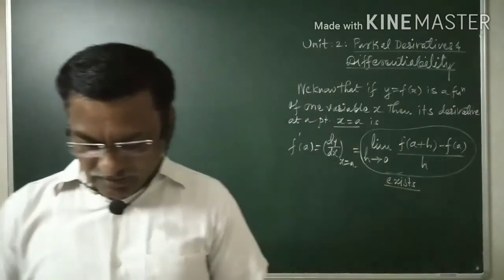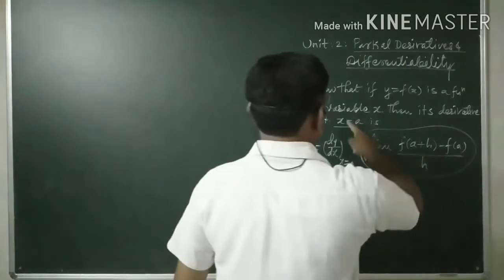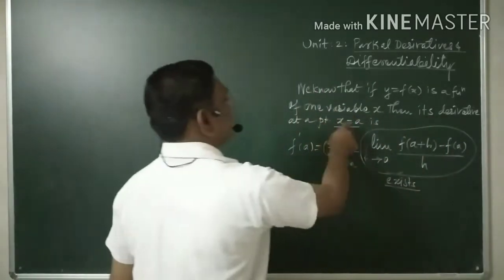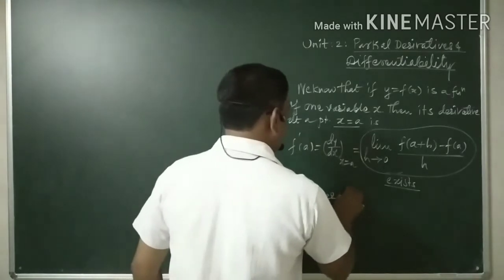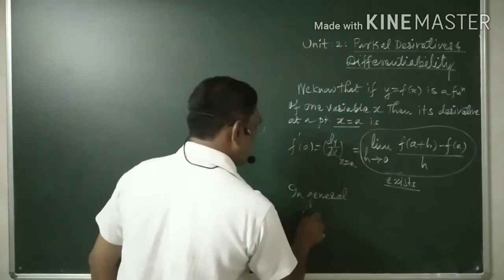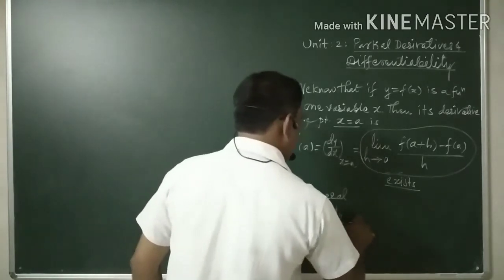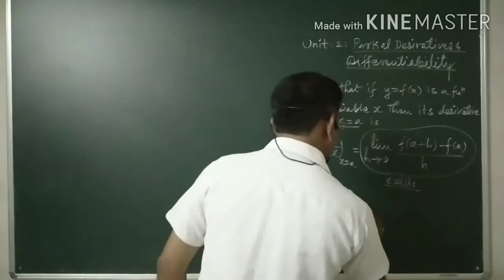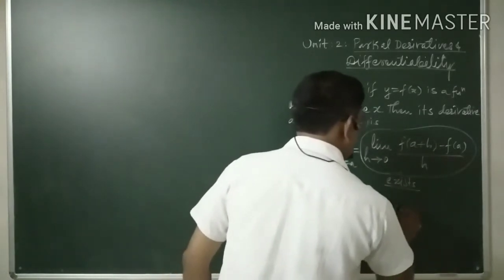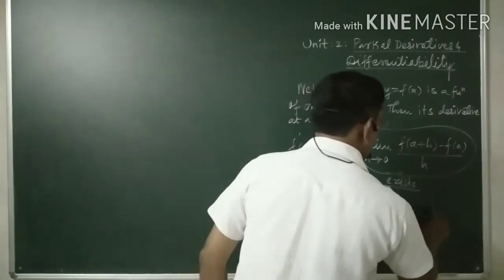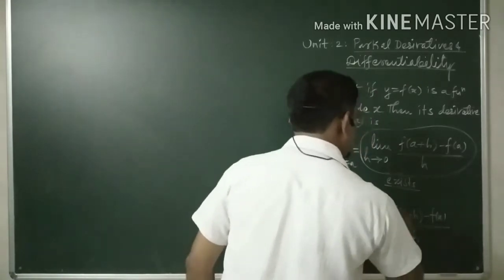This is the definition of the derivative of a function at a point, and in general f dash of x is dy by dx, the limit as h tends to 0 of f of x plus h minus f of x divided by h.